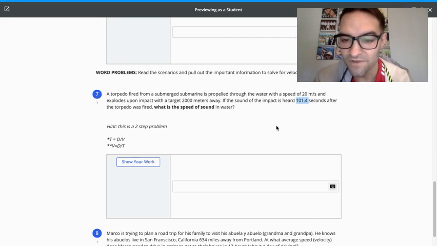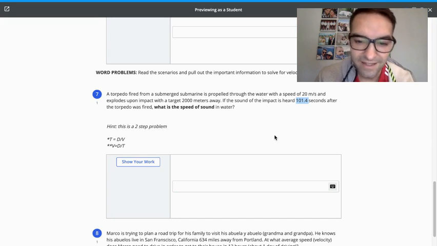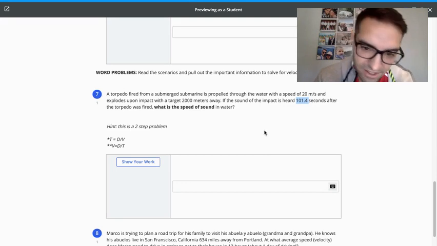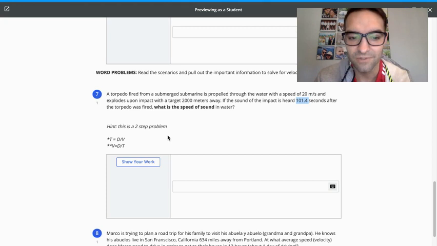So we can solve for time, then it explodes, and the sound waves travel back to the submarine. So you need to know, well, how much time is remaining from how long it took, explosion, and then the remaining time is all that it takes to get back to the submarine 2,000 meters away. And then that's when you can calculate the velocity of sound.